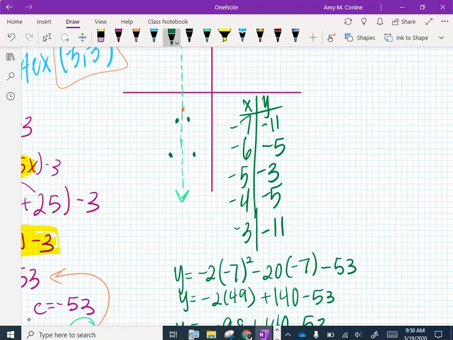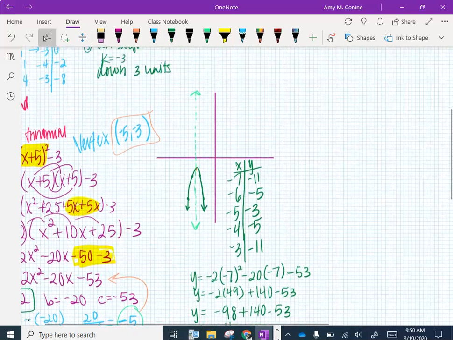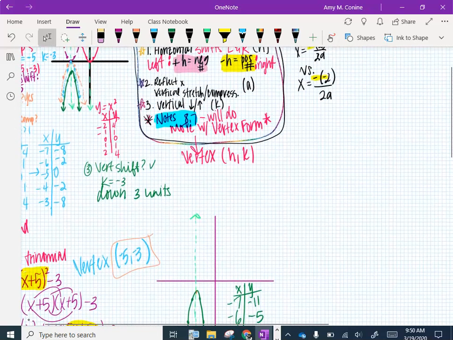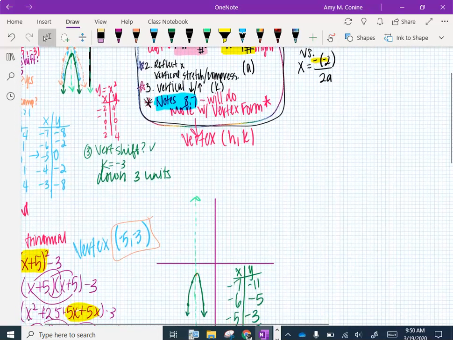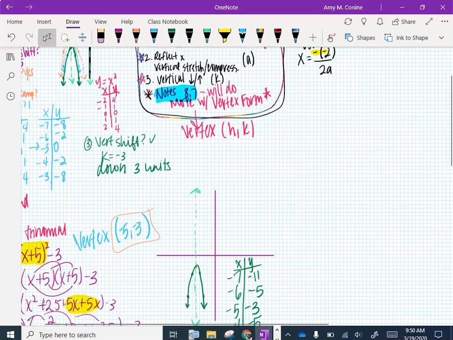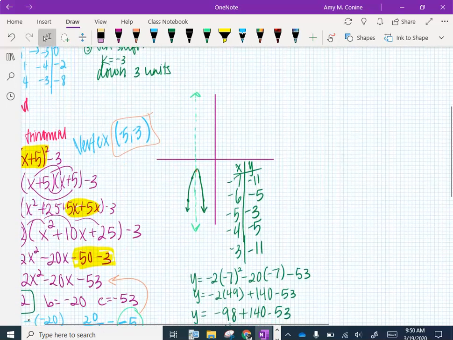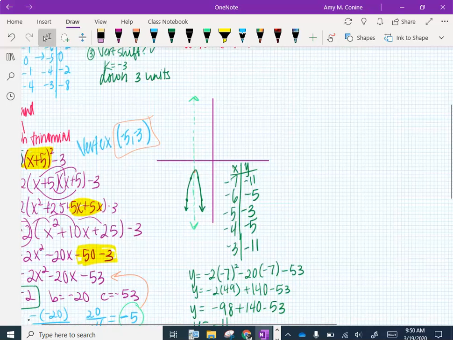For the sake of time with this video, I'm going to just go ahead and put it in there and show you my graph. So now when we look at both graphs, they should be fairly similar because, again, it's graphing by hand. It's hard for them to be exact, but they do have the exact values and the exact points.